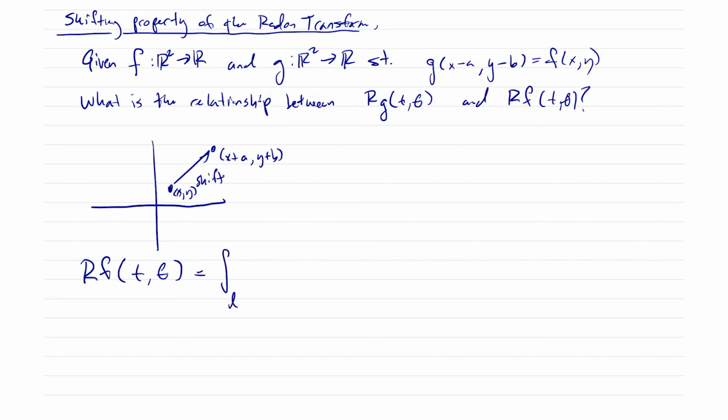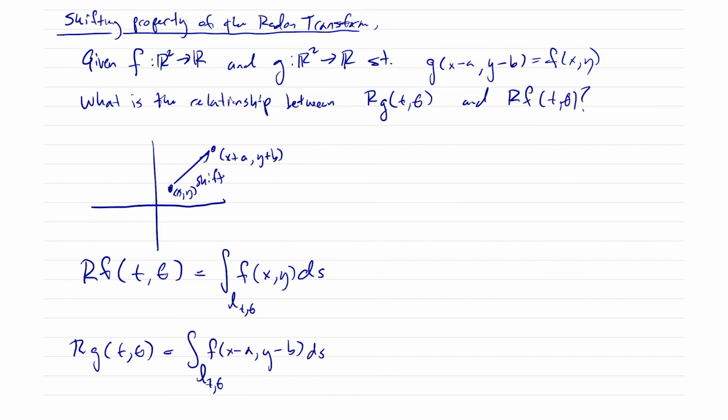This is the integral over the line l of t, theta of f of x, y ds, so x and y are both parameterized by some s. And we also have the Radon transform of g at t, theta, which is equal to the integral over l of t, theta, and here we just put f of x minus a and y minus b ds. Again, x and y are parameterized by s.